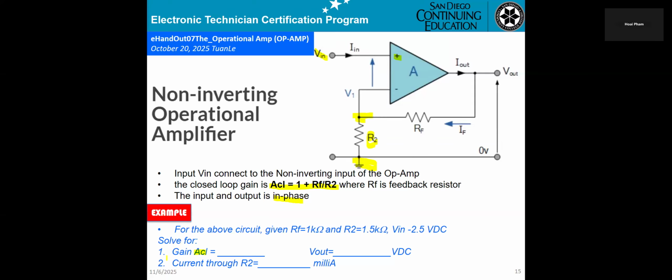That's how you can get the current through R2. So you can try that to make sure.